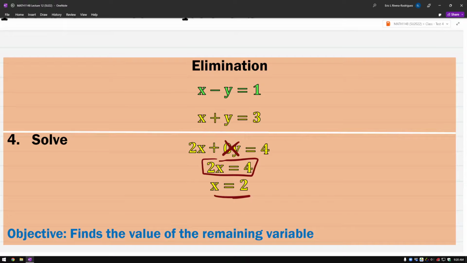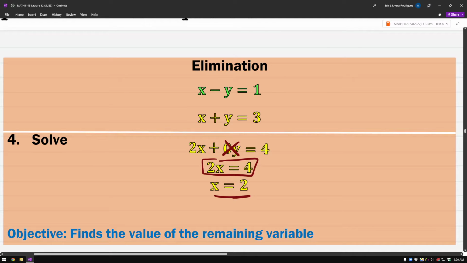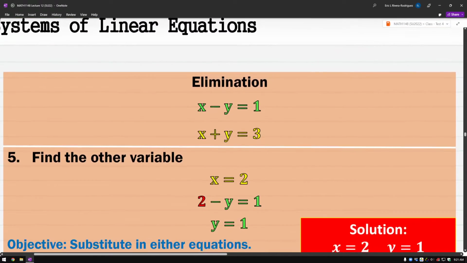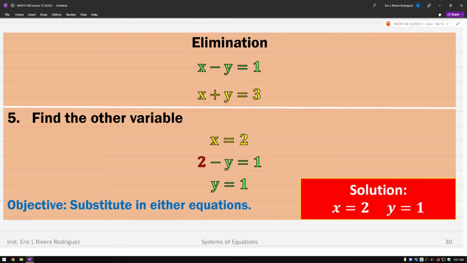Any questions so far? Okay, so now that we have the value for one variable, we are going to find the other variable, and we are going to substitute that value in either of the two equations.